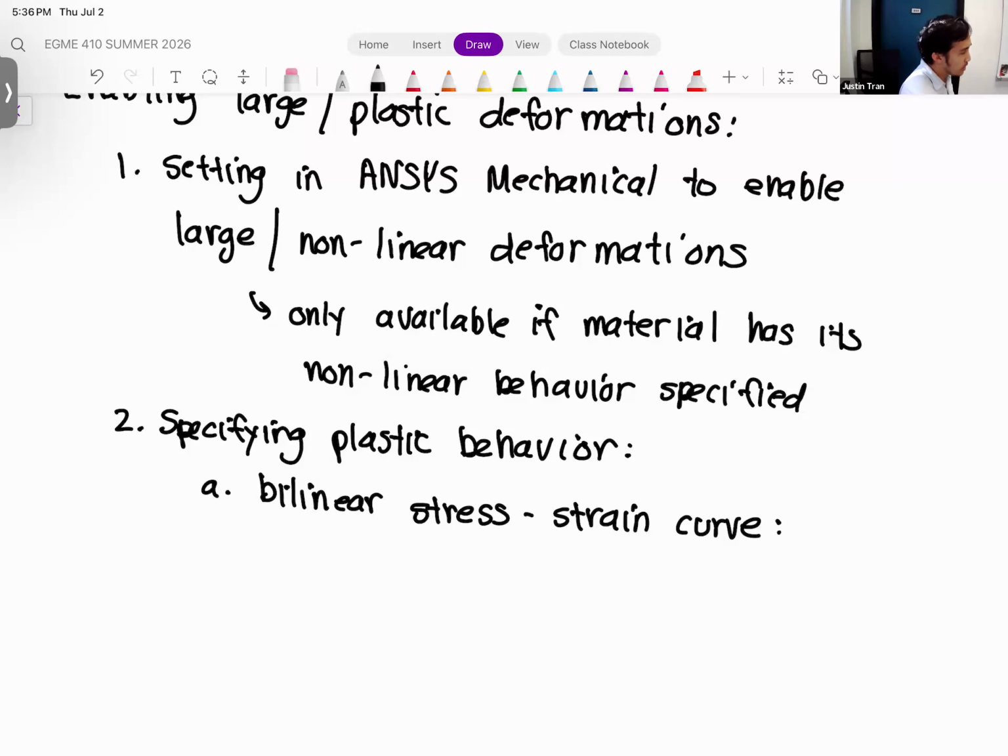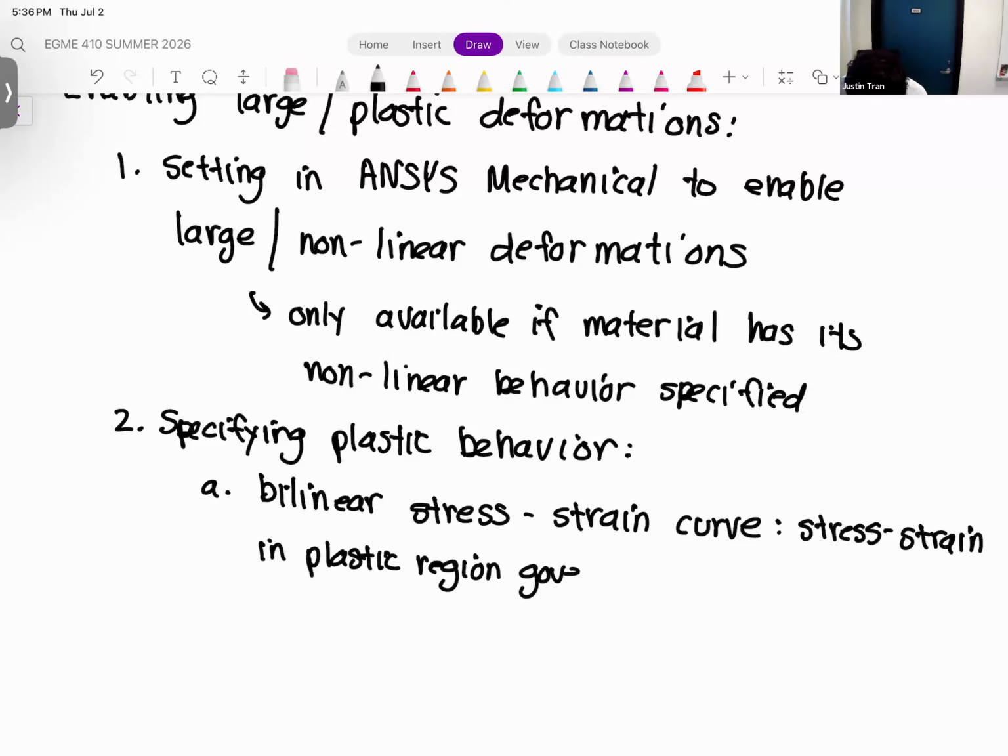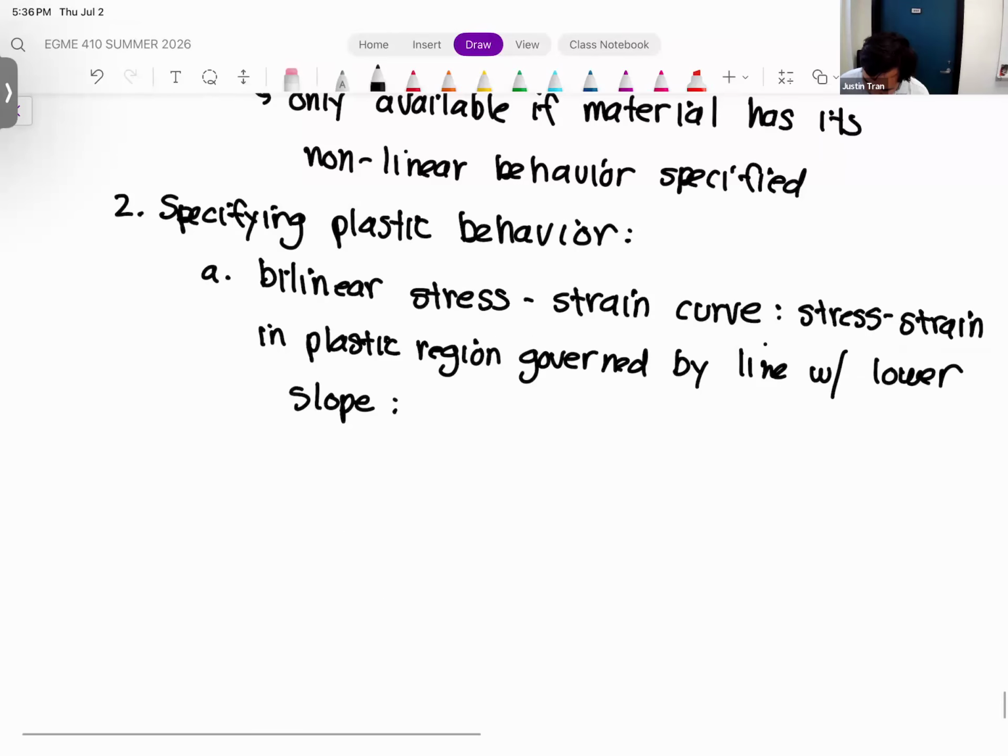It's just going to be a linear line with a different, usually lesser slope. So this, of course, is the simpler way to implement it.